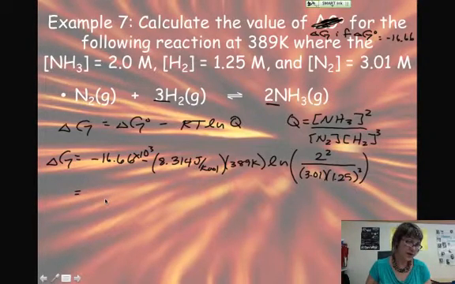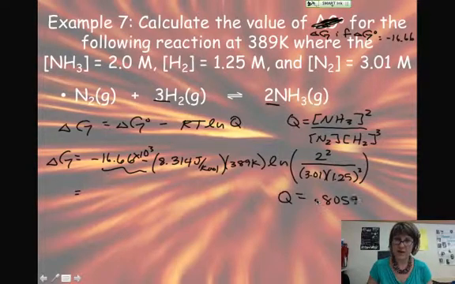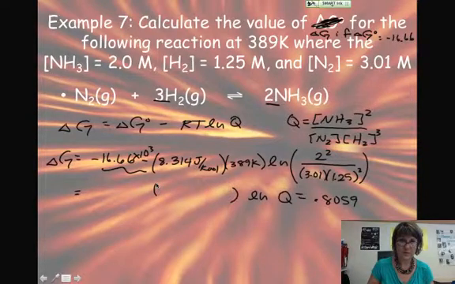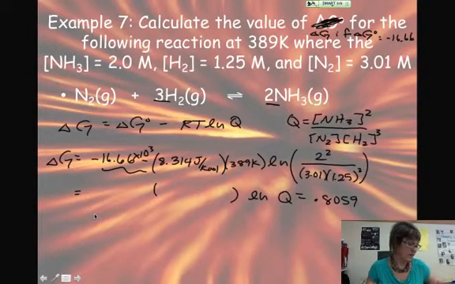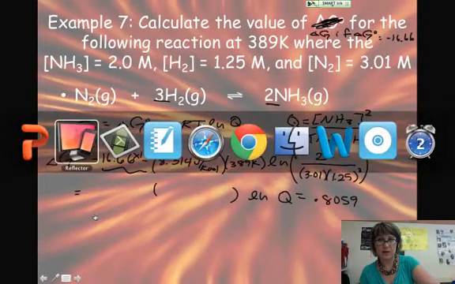When I put in all the values, don't forget that we changed kilojoules to joules here. I ended up with Q, by the way, equal to 0.8059, and then we'll take the natural log of that and multiply by all this other stuff. So negative 16.66 times 10 to the 3rd minus the rest. All right, I'm going to just put it in my calculator now.